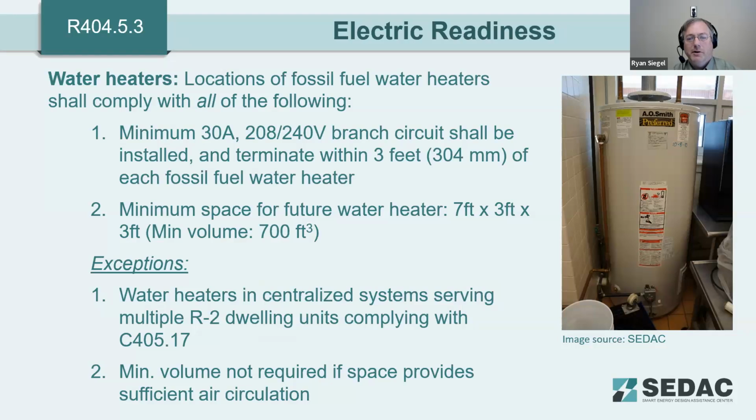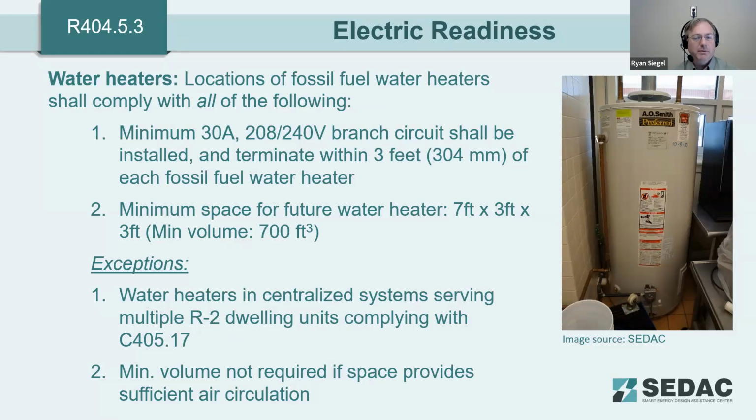Then we get over to water heaters, again, a 30 amp 208 or 240 circuit. Again, you'll see these continue to pop up fairly similar. So we've got 40 for the stove, 30 for the dryer, and another 30 for water heater. Also noting here, anticipating these are going to move to heat pumps, making sure that we have a minimum space for these water heaters.